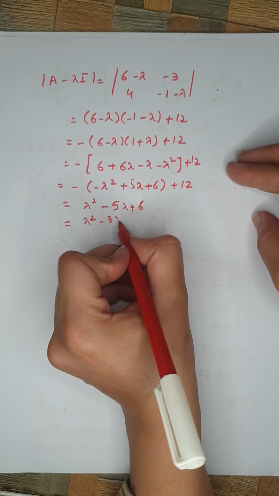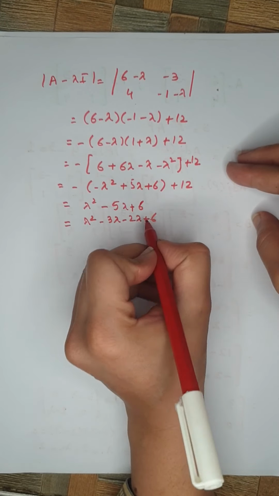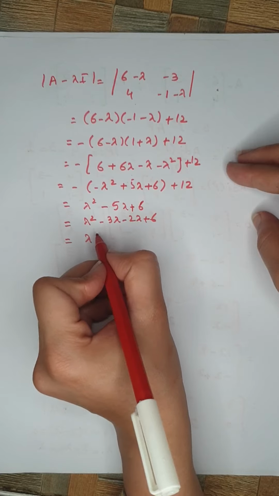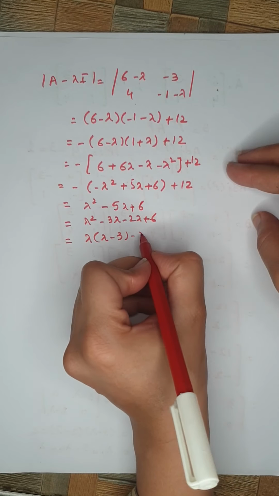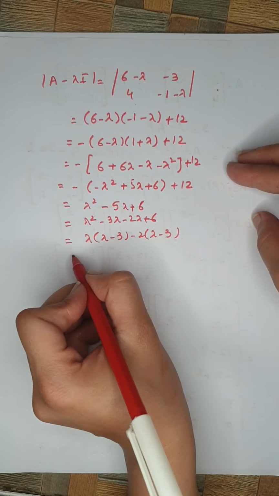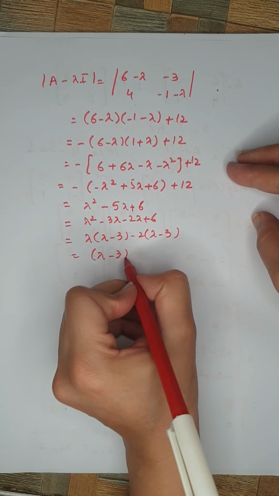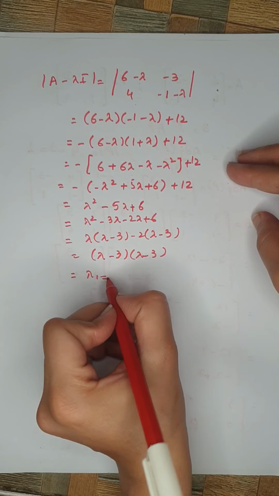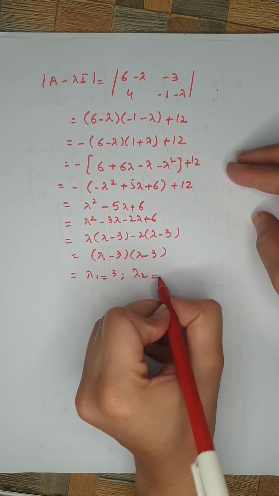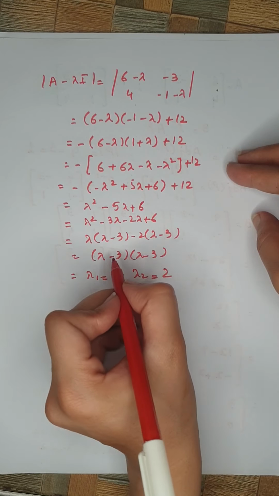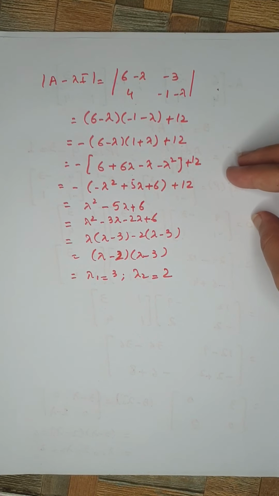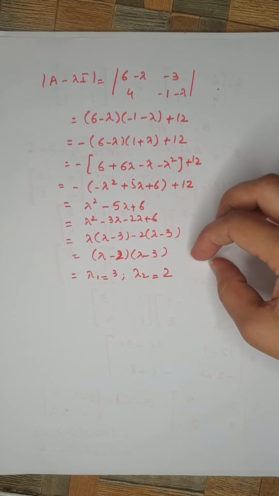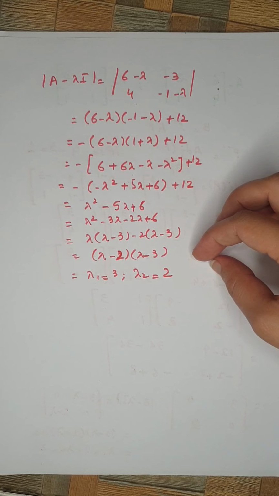Lambda square minus 3 lambda minus 2 lambda plus 6, and then just taking lambda common from here, minus 2 from here, I will get the factors as lambda minus 3 into lambda minus 2. So lambda 1 is equal to 3 and lambda 2 is equal to 2. By comparing both results, we have justified that similar matrices have the same eigenvalues.